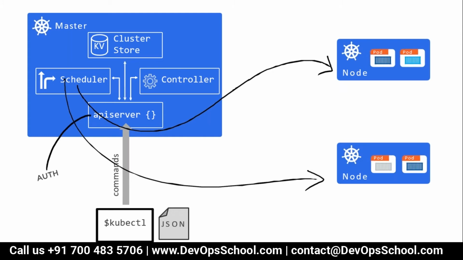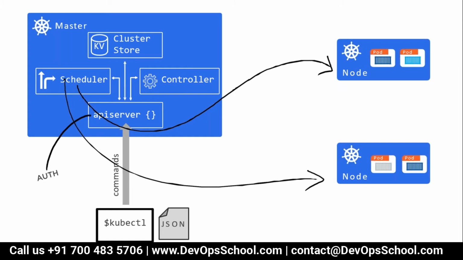We also understood what we have in the node. The node has three important components: kubelet, docker, and kube proxy. A node has multiple pods.